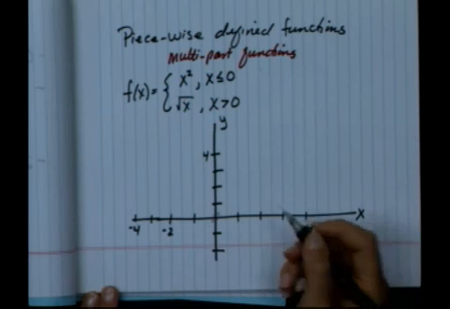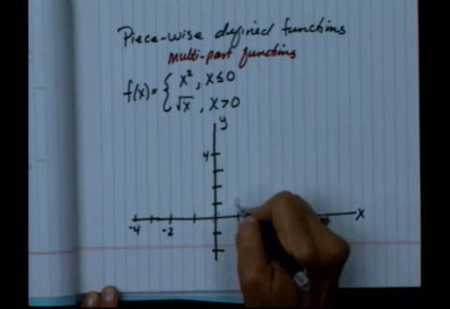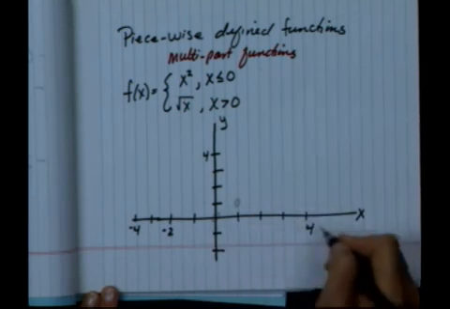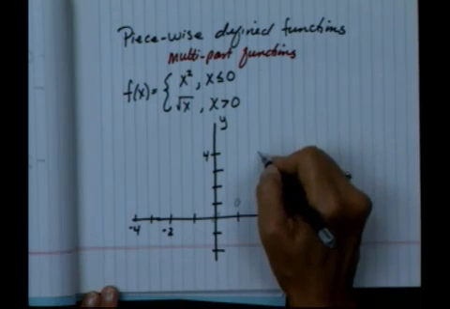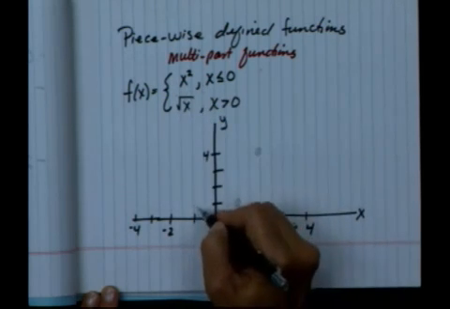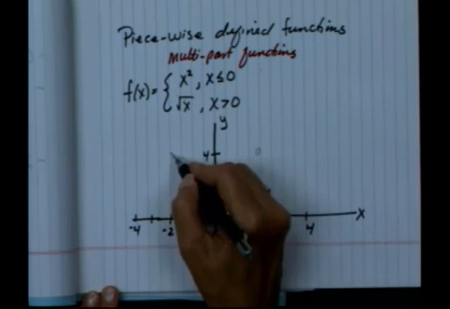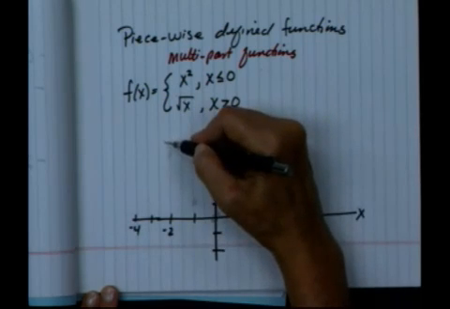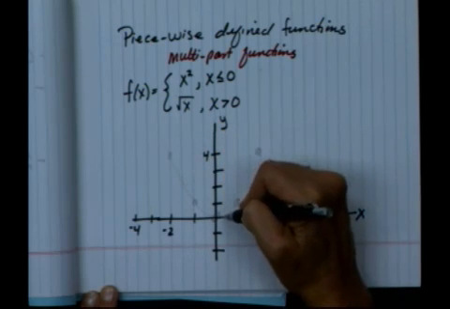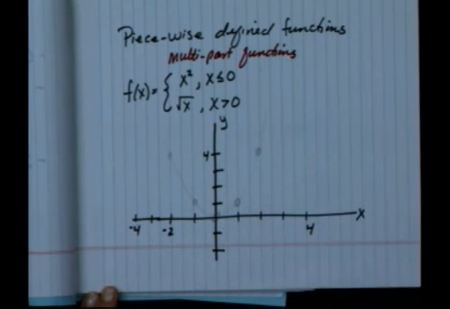And what else? 1, 1, and 2, 4. What else? Negative 1, 1. Negative 2, 4. And so come in here with a little pencil and just graph y equals x squared.